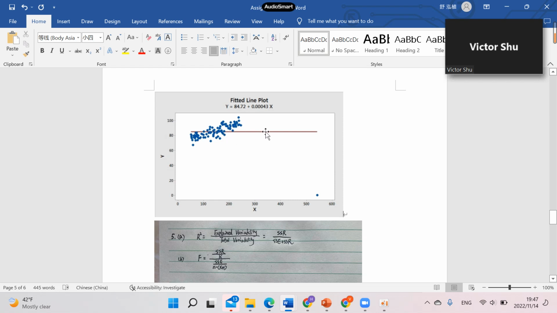I fitted the regression line, which is the red line, using the least squares principle. And you see my line of best fit actually has a downward trend, which totally undermines what actually happens.